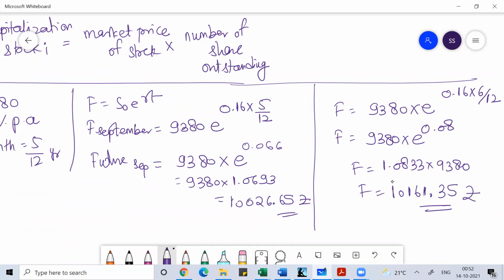This is the theoretical future value for the October contract, and that was the theoretical future value for the September contract. Although we don't have 5 month, 6 month contracts trading over the exchange, simply for solving this problem, I just considered the values as given.